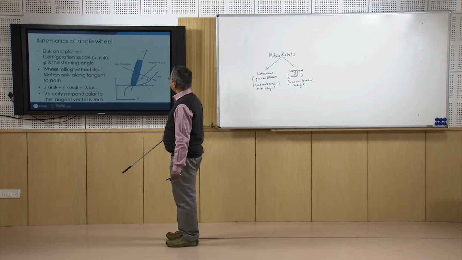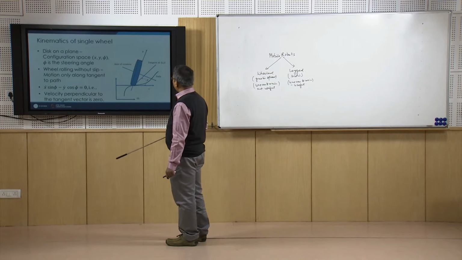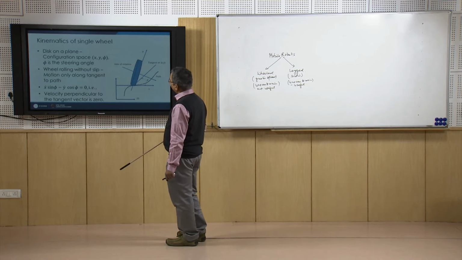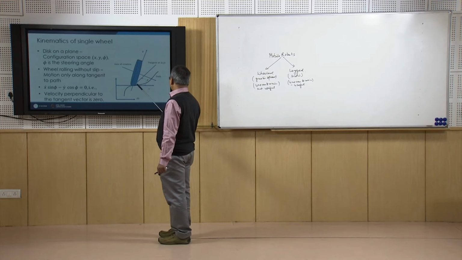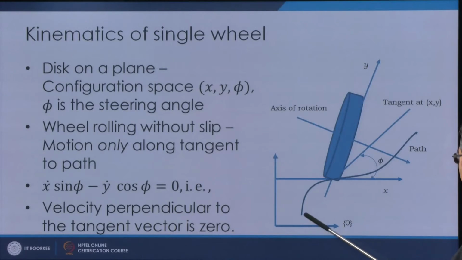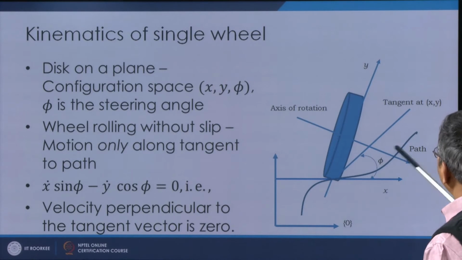Now, let us see the kinematics of a single wheel. If we talk about a single wheel, say this is the wheel, and say this wheel is passing through this curved path, and say this is the point of contact. At the point of contact there is a tangent, with x and y drawn here, and say this is the axis of rotation of the wheel.